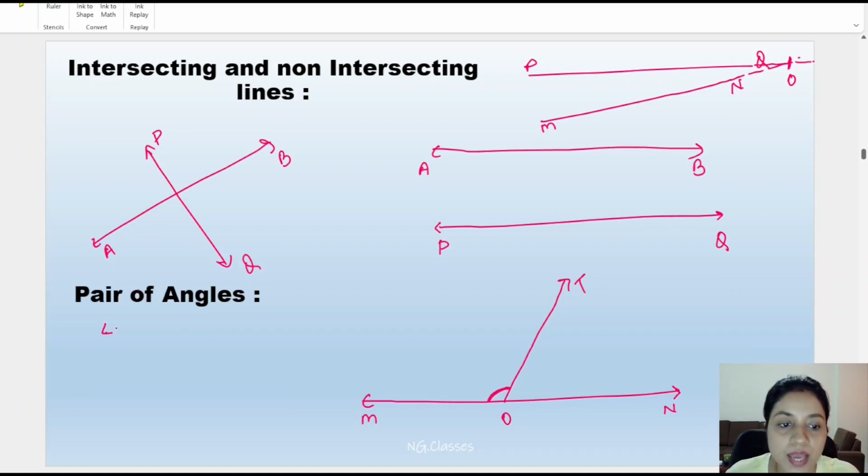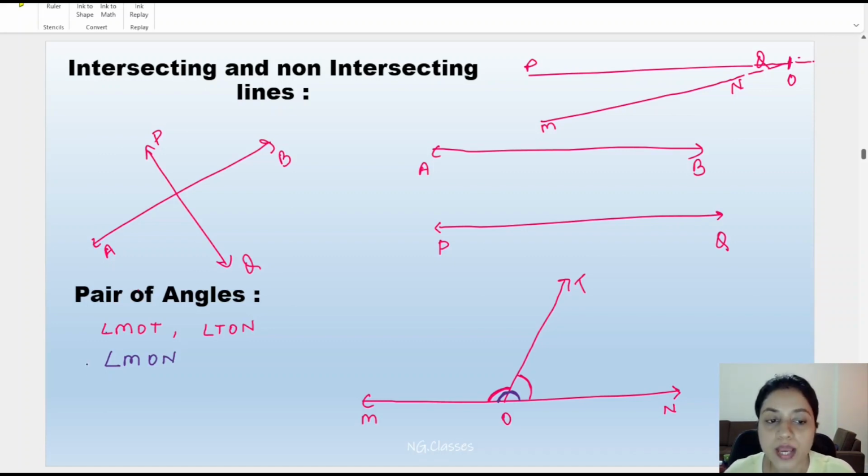Let's write it. Angle MOT is one of the angles. Another angle we are getting is angle TON, right? Now one more angle we are getting here. Can you see it? Yes, I am talking about the complete angle, that means this total angle, the purple one. The name of this angle is angle MON, right?